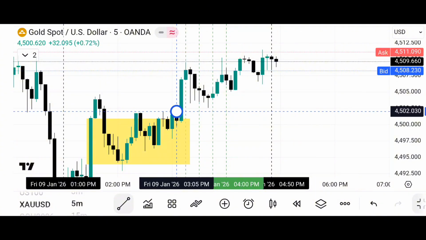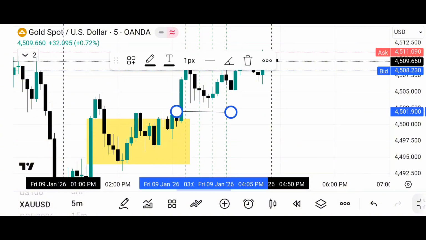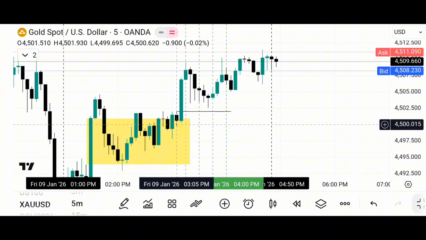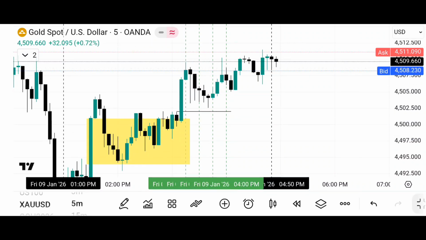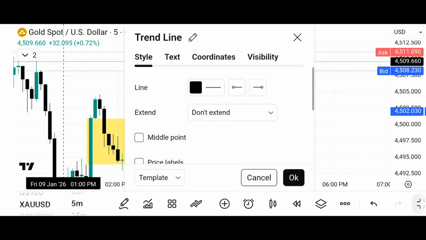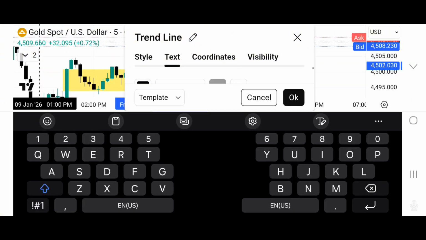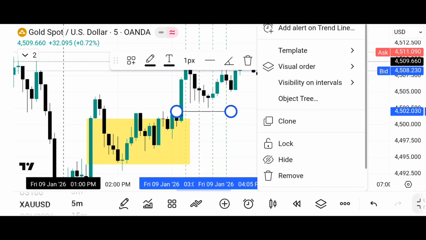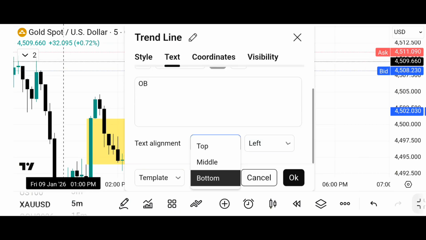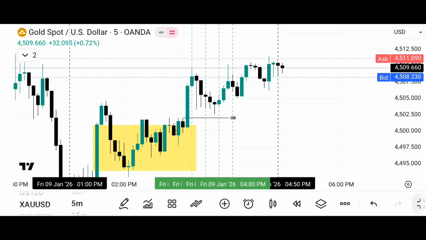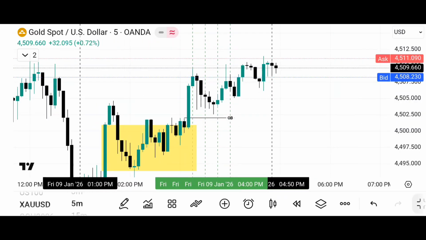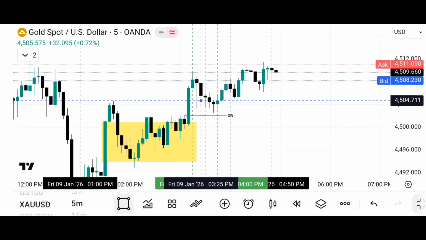So there was a change in state of delivery in price from sell side delivery to buy side delivery. So this is an order block. Another block being paired with a fair value gap is actually a good setup to go either long or short.